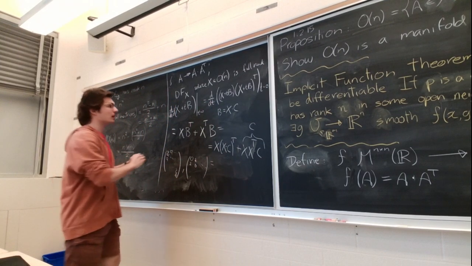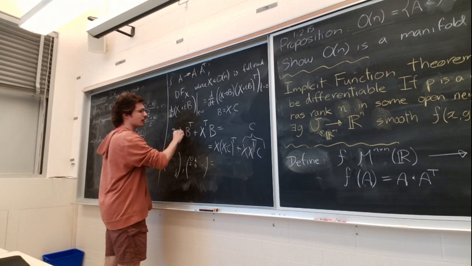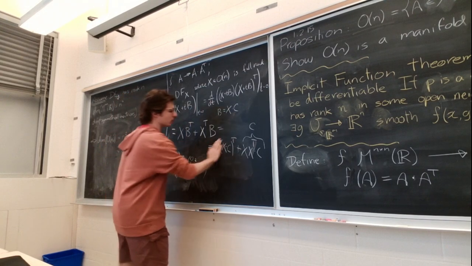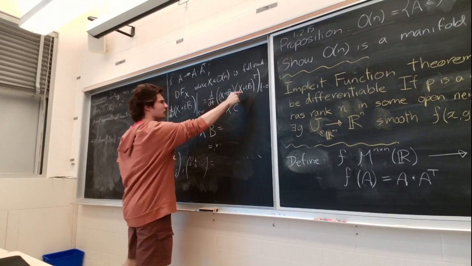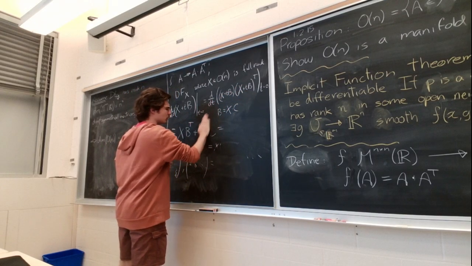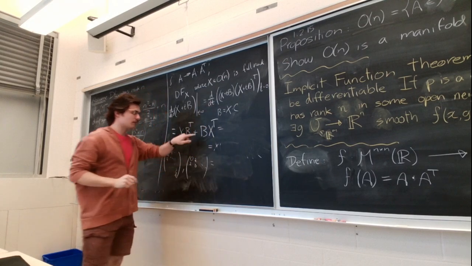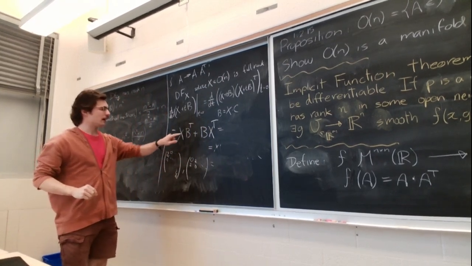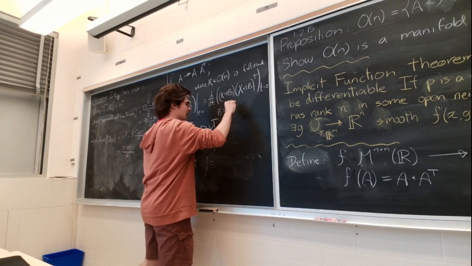I am messing up, because I computed this derivative wrong. It's x b transpose and b x transpose. Sorry, I had a mistake. And then I will choose b to be c x.